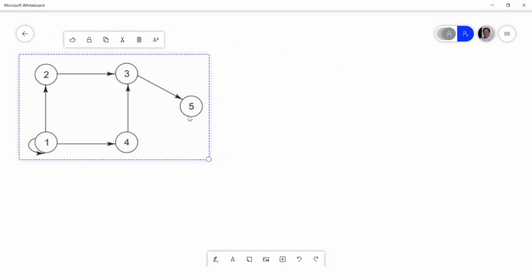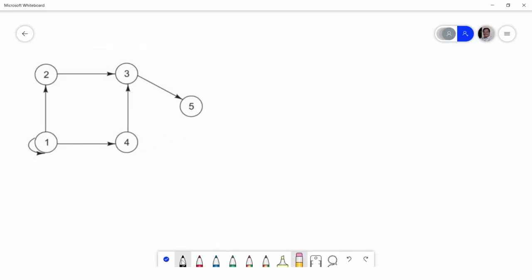If there are 5 nodes, you have to write a 5 by 5 matrix. So that is rows 1, 2, 3, 4, 5.